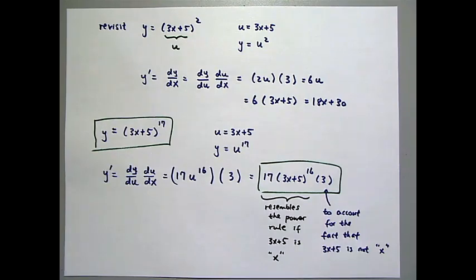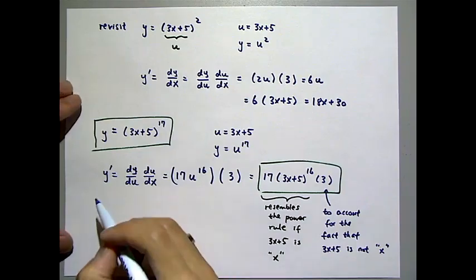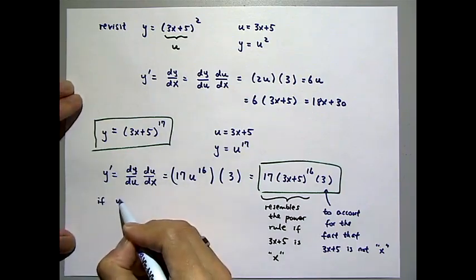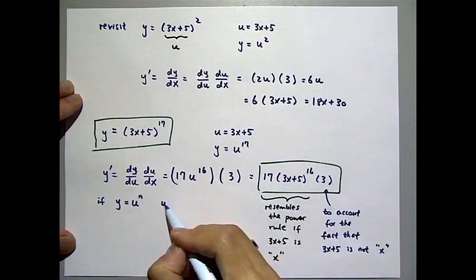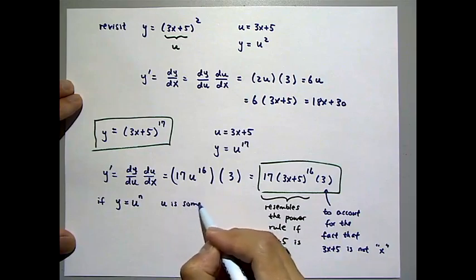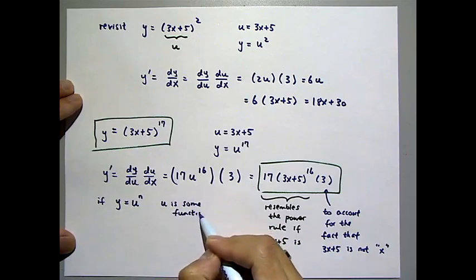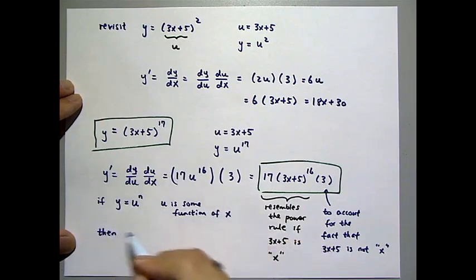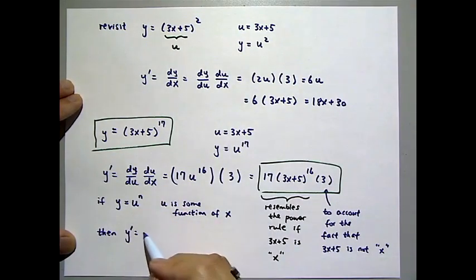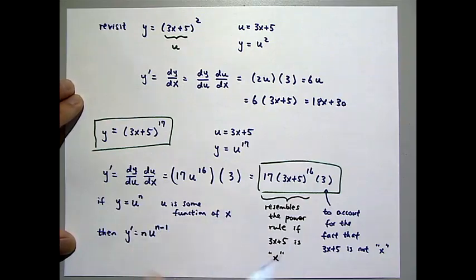Okay, so another very useful version of the chain rule here is if y is equal to u to the power of n, where u is some function of x, then y prime, according to what we just discovered here, is n times u to the n minus 1, the same thing as the classical power rule, times, now we account for the fact that u is not just an x anymore.